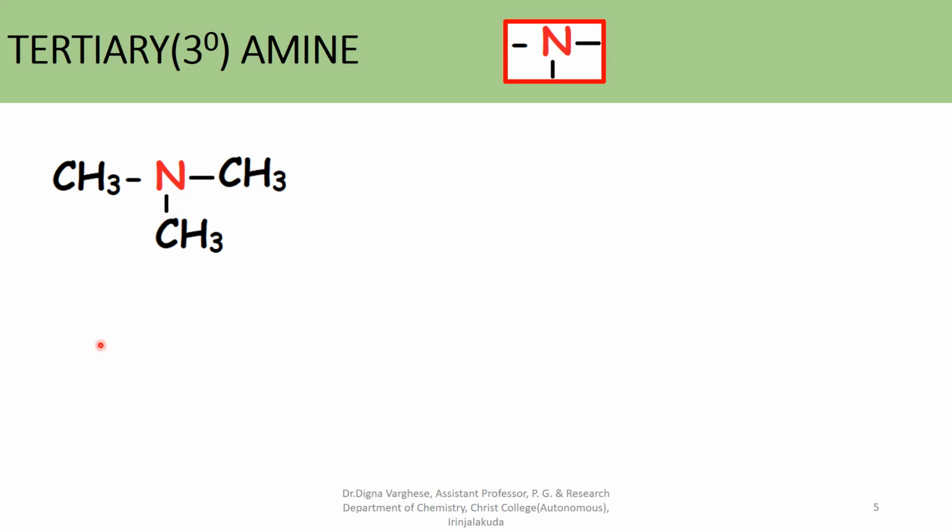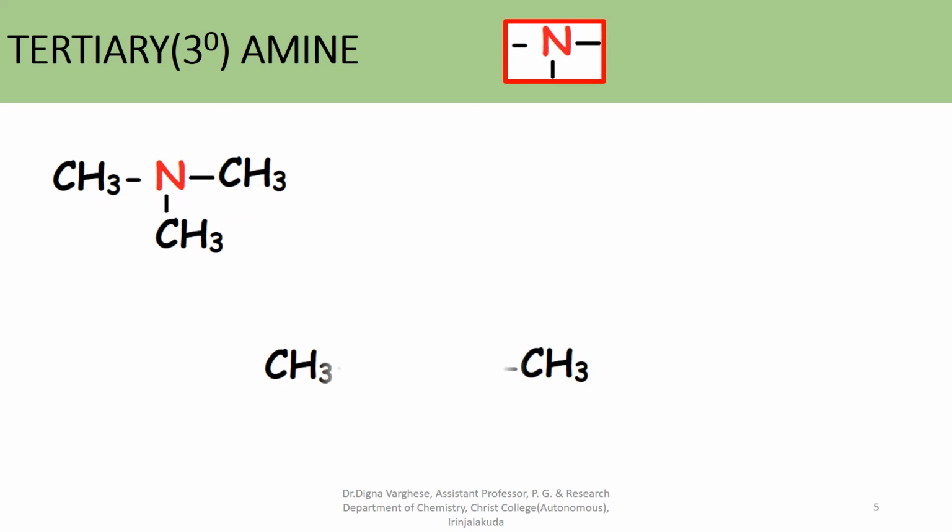We know methanamine's formula is CH3NH2. Here the two hydrogen atoms are replaced by two methyl groups. So it is known as N,N-dimethylmethanamine.